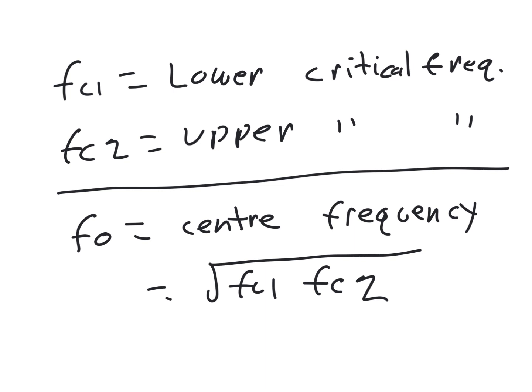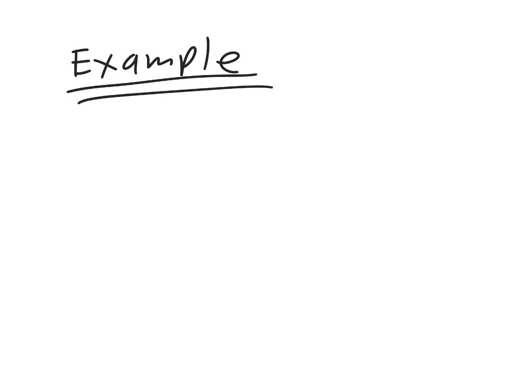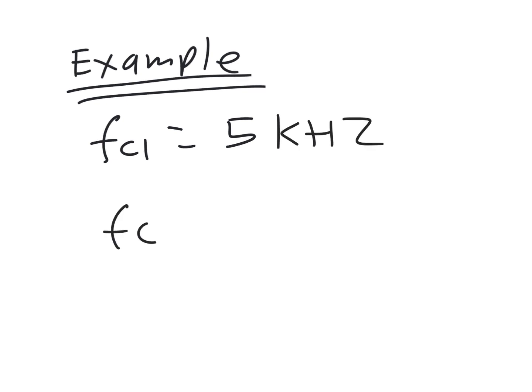Okay, so anyway, by way of example here, let's let FC1 be 5 kilohertz, and let FC2 be 8 kilohertz, and let's just graph that, okay? That 5 and 8, yeah.